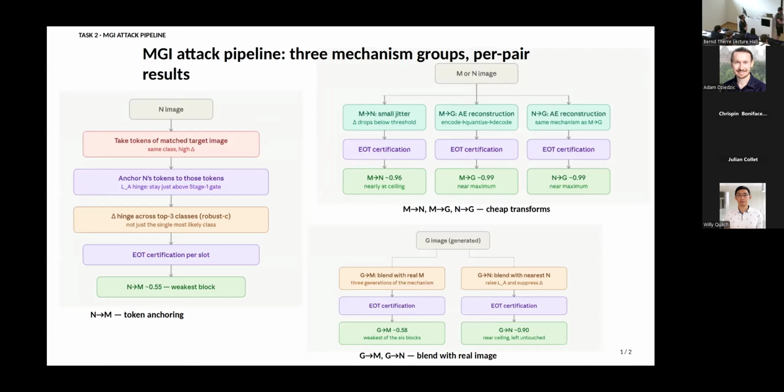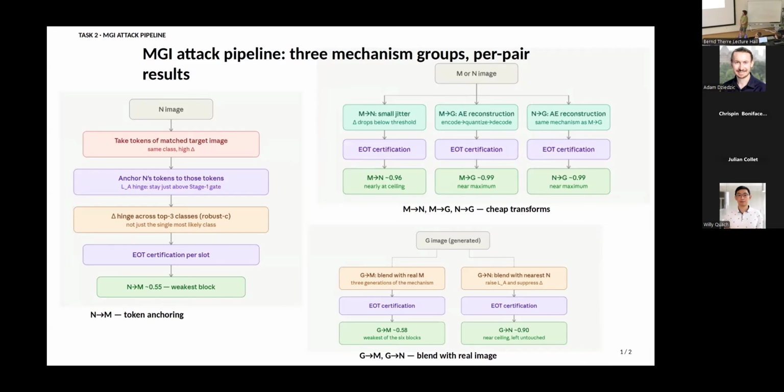Here we blend generated images with some real images. Here it's deterministic behavior, because we have good scores on our EOT technique. So we do some autoencoder reconstruction of small details, colors and geometrical perturbation.